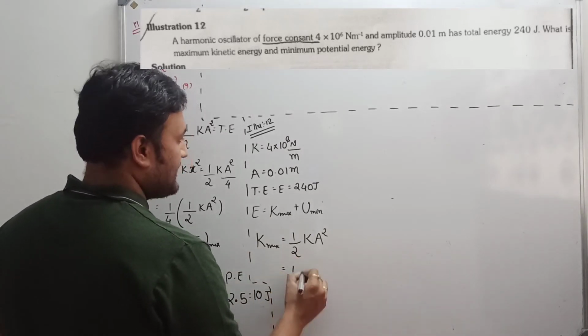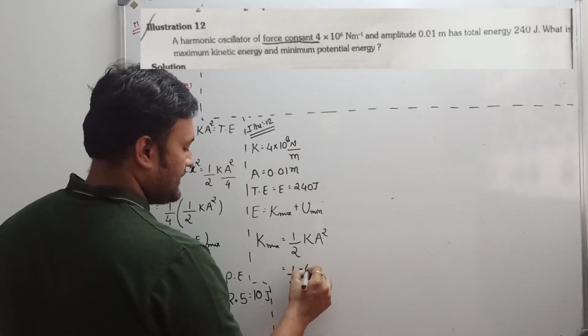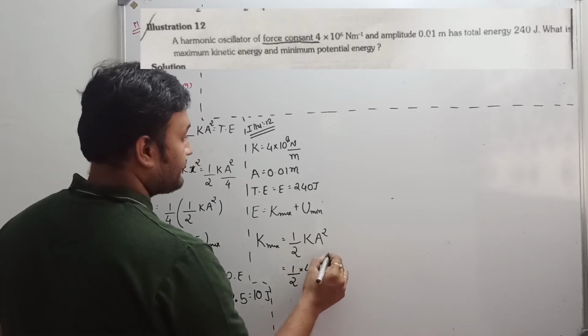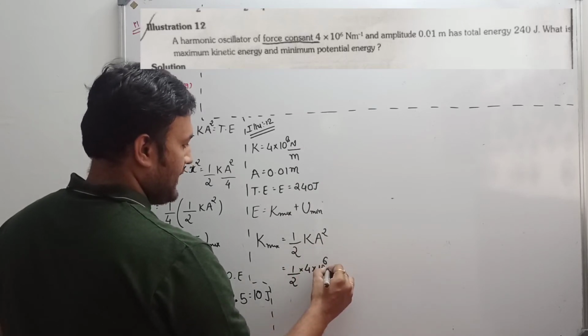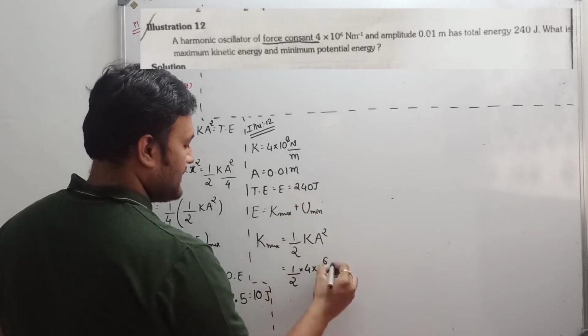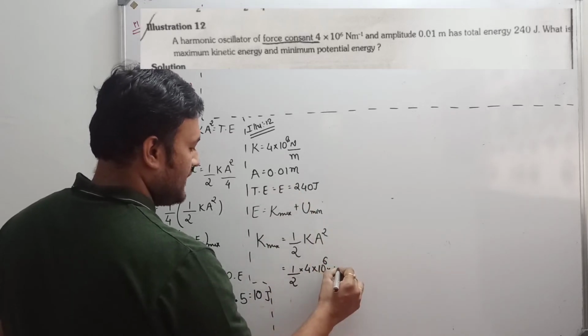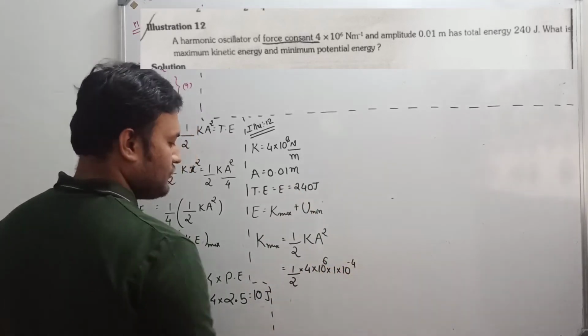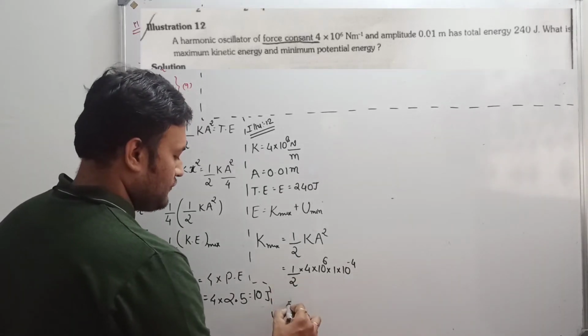So 1/2 k is given, 4 into 10 raised to 6, A is equal to 1 into 10 raised to minus 2, so whole square, 1 into 10 raised to minus 4. So here the 2 cancels.